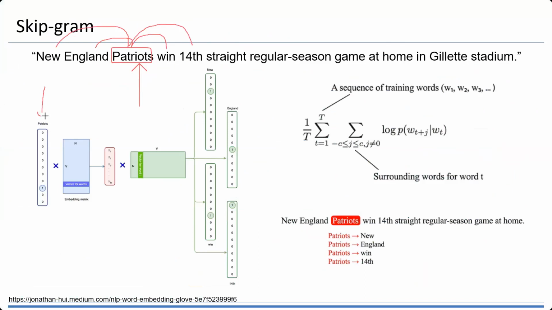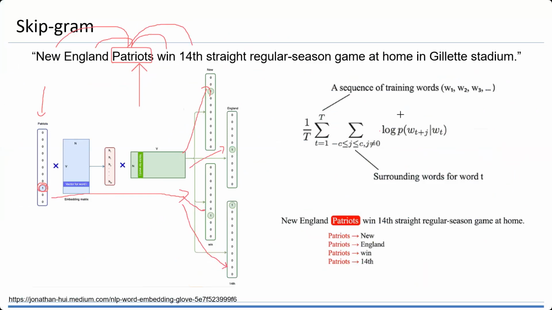As the input, the word "Patriots" is one-hot encoded, and then we feed it into the neural network. I will not explain the neural network here, but the result will be the probability of the word "New", the probability of the word "England", the probability of the word "win", and so on.